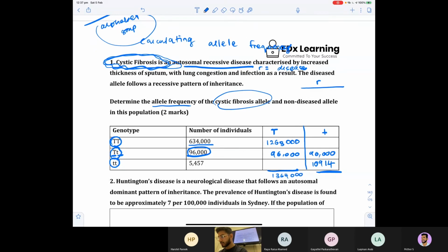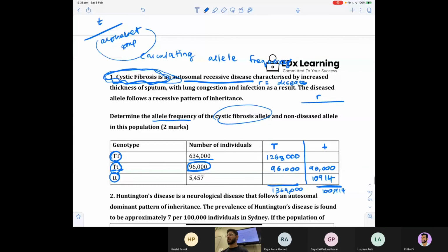Okay, and what about little t's? 100,914. Okay. Good.